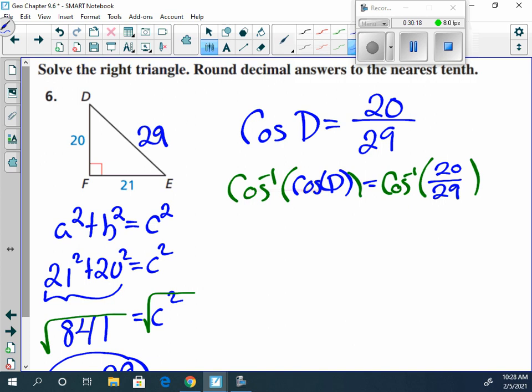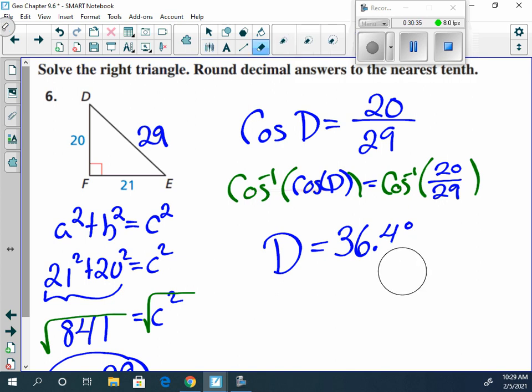Well, cosine inverse of cosine of angle D would just give us angle D is equal to 46. Okay, since it's 0.46, if we want the nearest tenth, that would take it from 0.4. 46. Oh, thank you. I think I need a hearing test. 46.4. Yes.